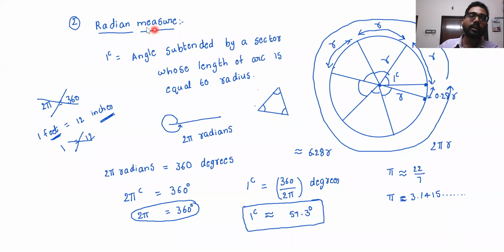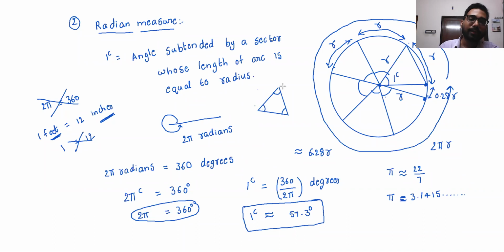So this distance is going to be slightly less than r, because the shortest distance will be less than r.